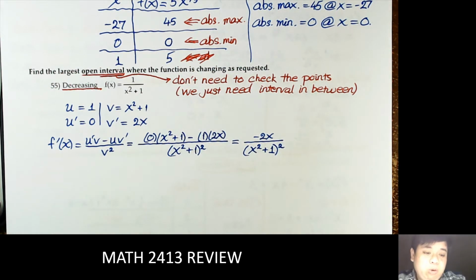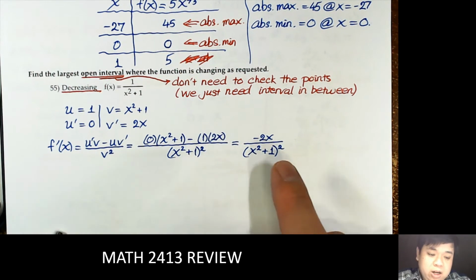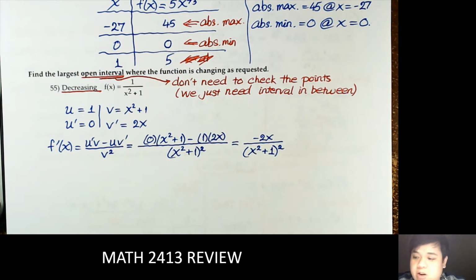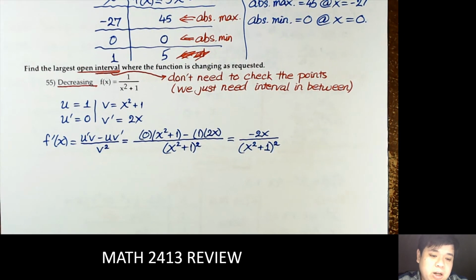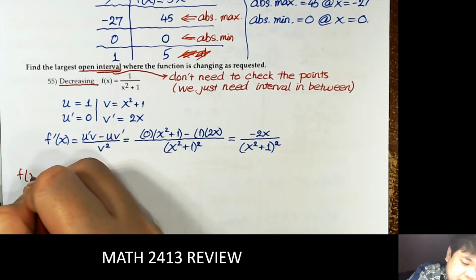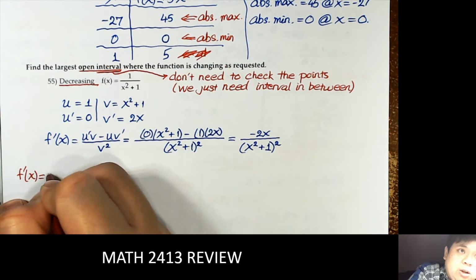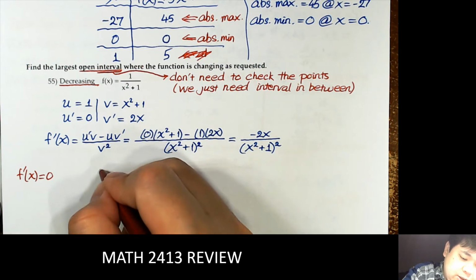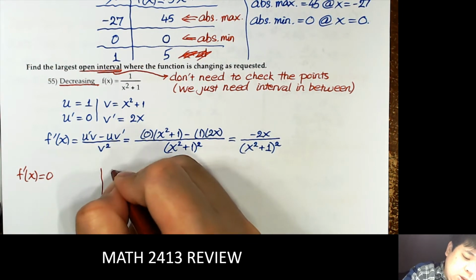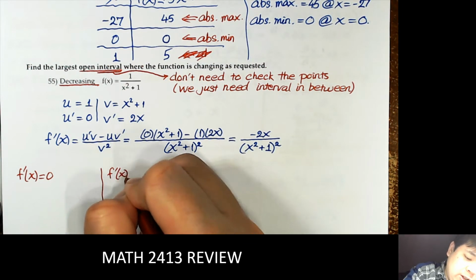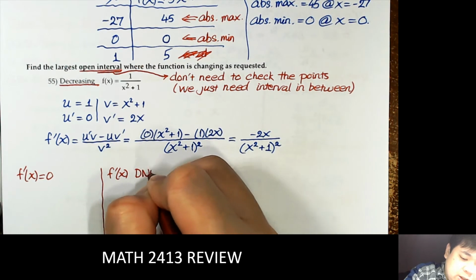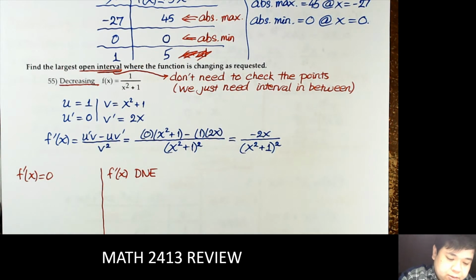Next, we find the point where derivative equal to 0, derivative does not exist. So this will be kind of routine now. Derivative equal to 0, or derivative does not exist.